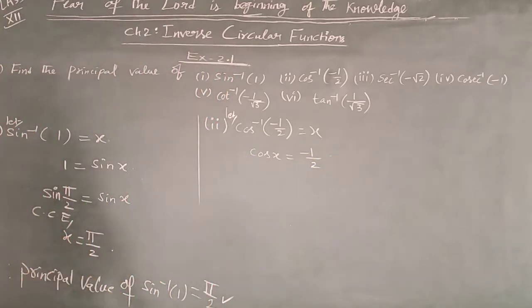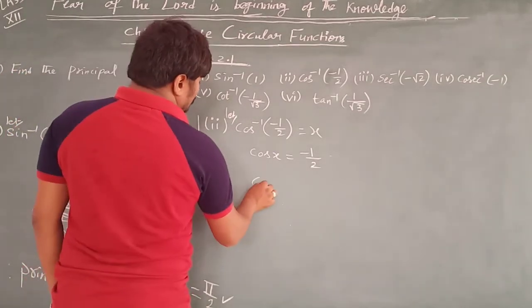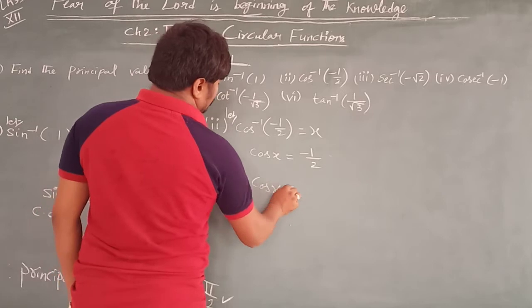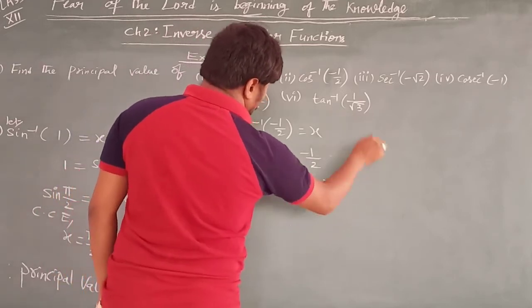In cos, what is the value of minus 1 upon 2? Minus 1 upon 2 is nothing but cos 2 pi upon 3. So cos x is equal to cos 2 pi upon 3.